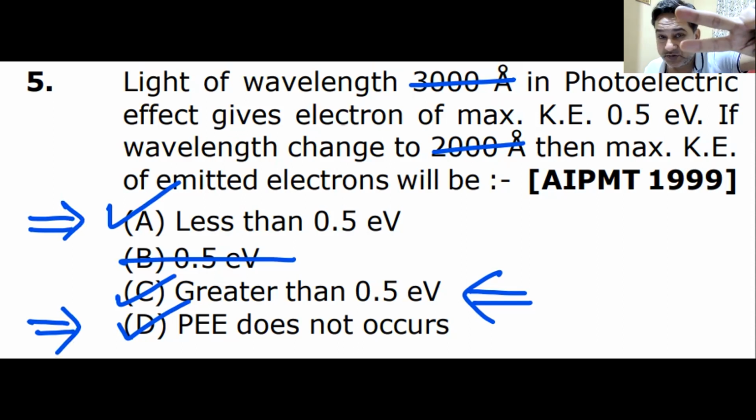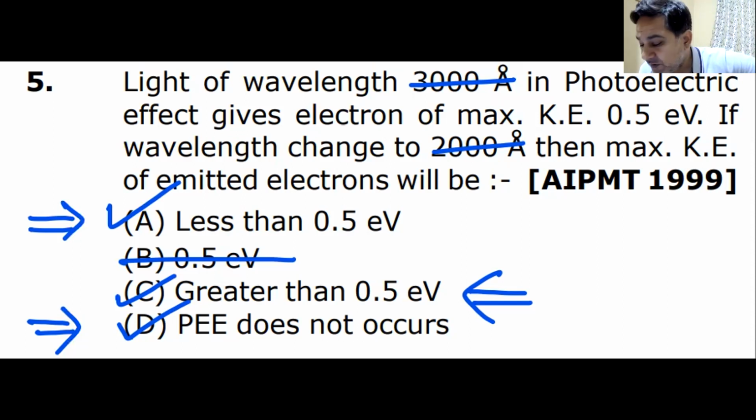Now two options are possible. In this case, I will have to find out the threshold frequency. If the frequency of this radiation is more than threshold frequency, the option is A. If the frequency of the radiation has become less than threshold frequency, the option is D. Do we understand this?